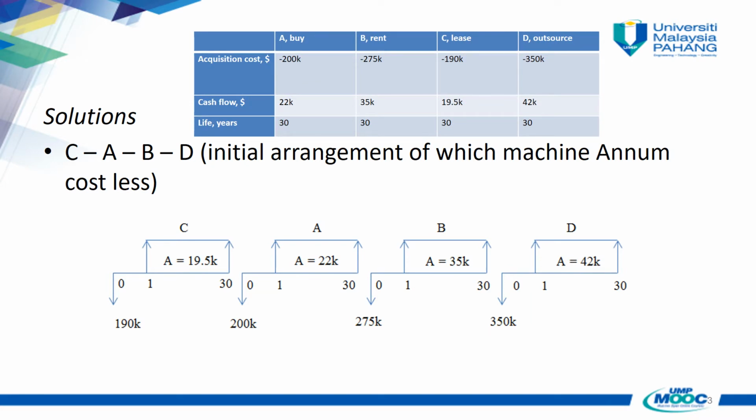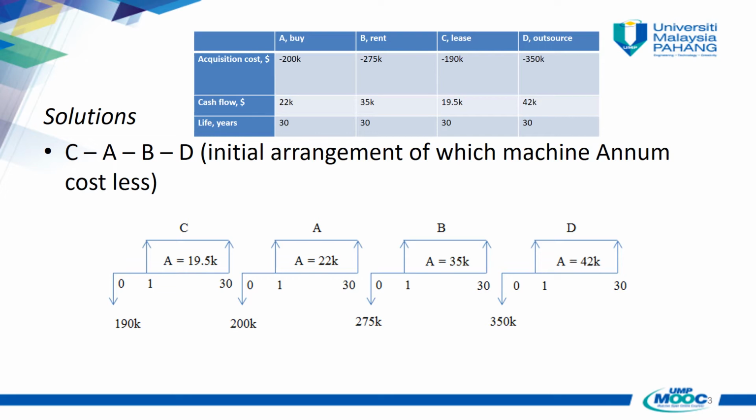Once we have this information, the best option is the lease per annum, whether it is the cost that will be used or the cash flow that we gain.